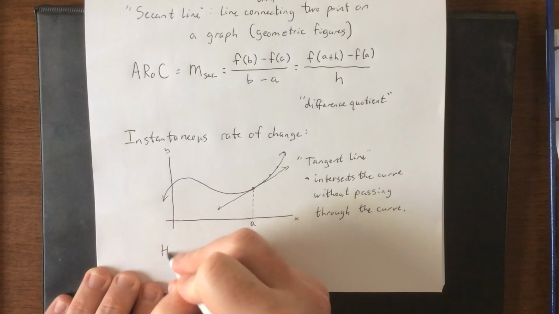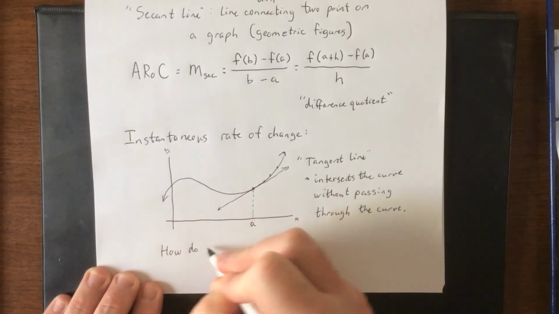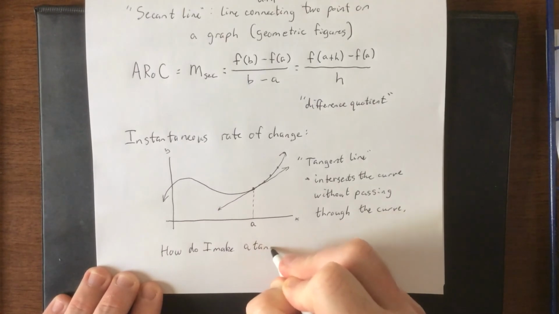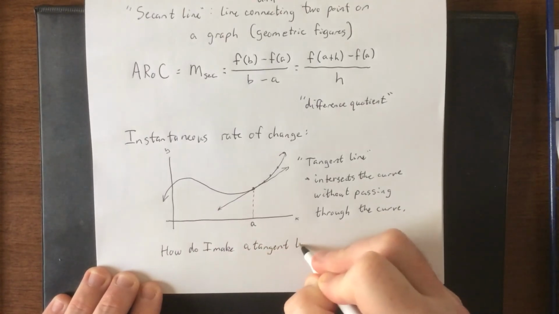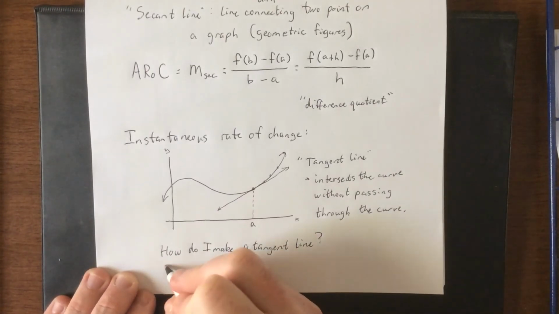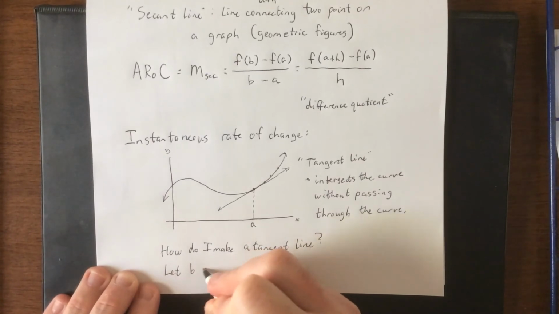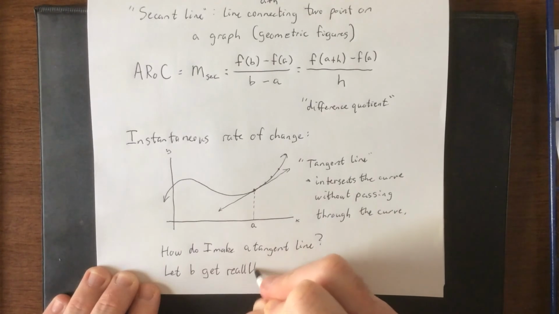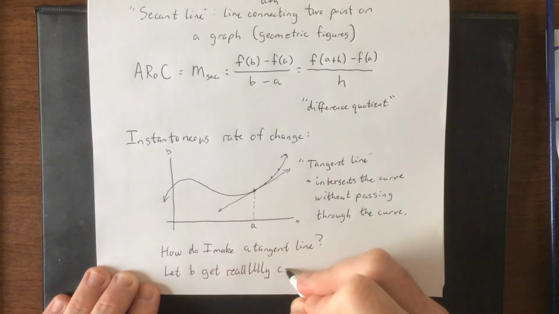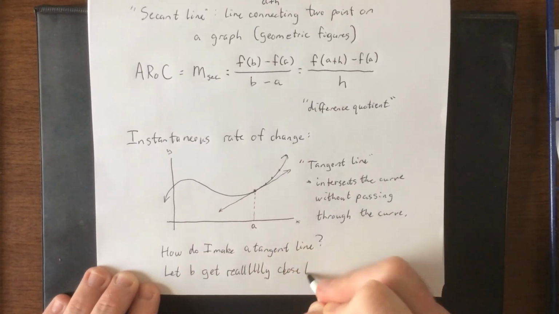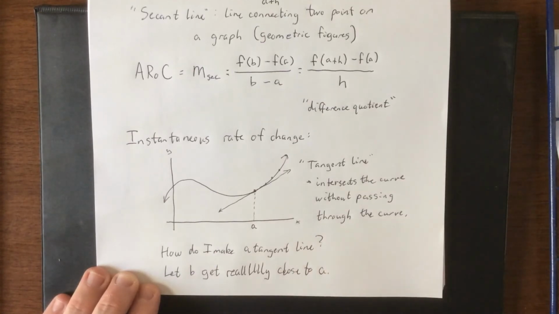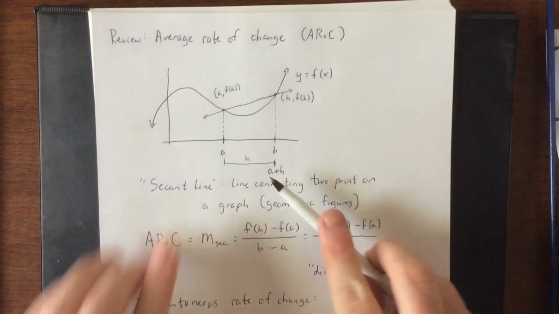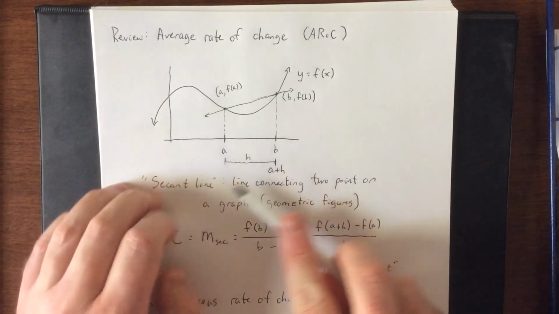So, how do I make a tangent line? Let B get really close. I'm going to throw some extra L's in there. Really close to A. Or if we wanted to go with the secondary definition, we would want the distance between these 2 points to get really, really small.